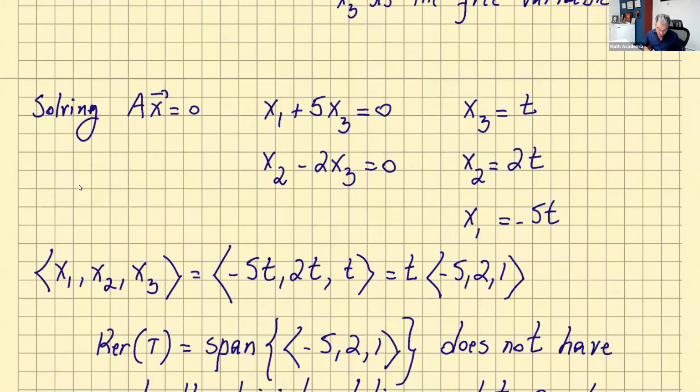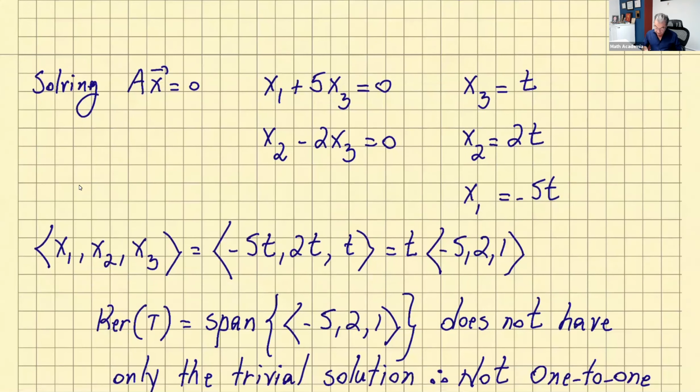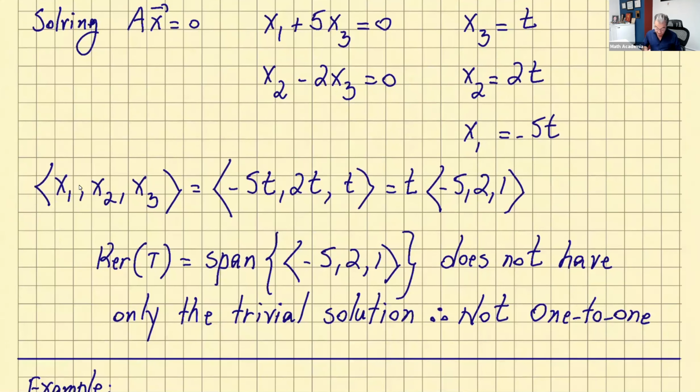So if we write the solution, here we can write that vector as t times (-5, 2, 1). And remember, that's the kernel of T, which is the span of the null space, which is going to be the span of this vector. So obviously this does not have only the trivial solution. So the above transformation is not one-to-one.